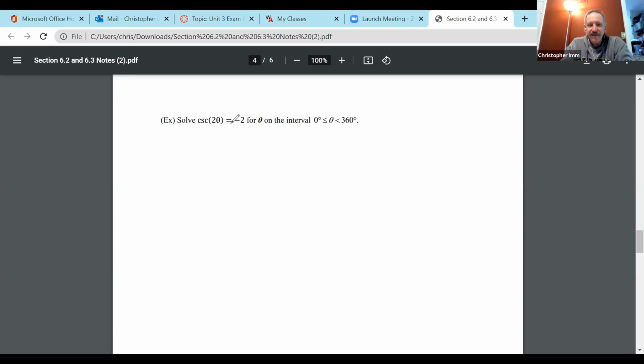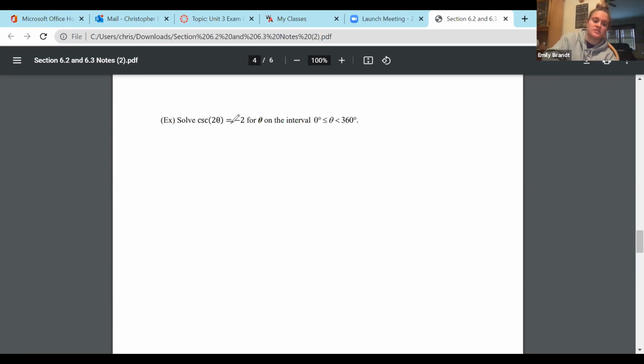So we would replace cosecant of 2 theta by what? One over sine. Would we use the double angle or no? So 1 over sine 2 theta.